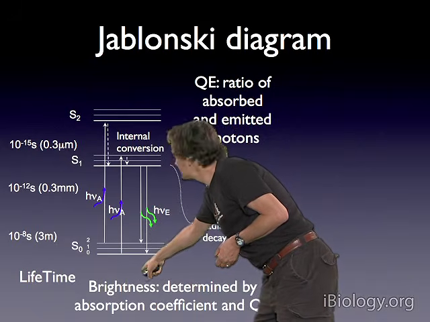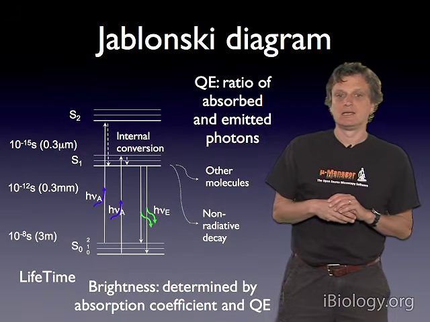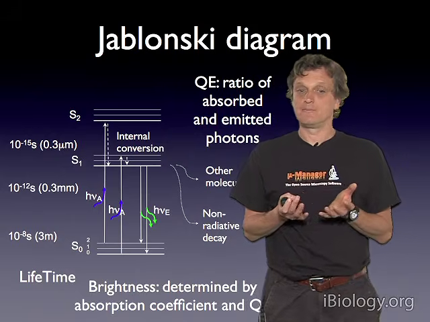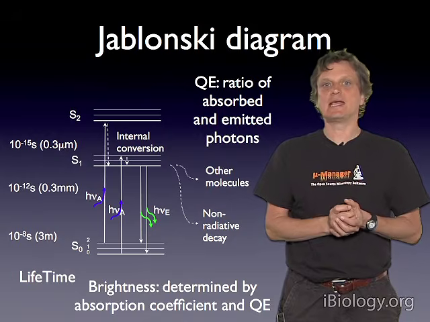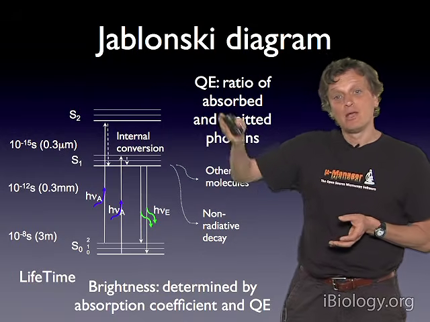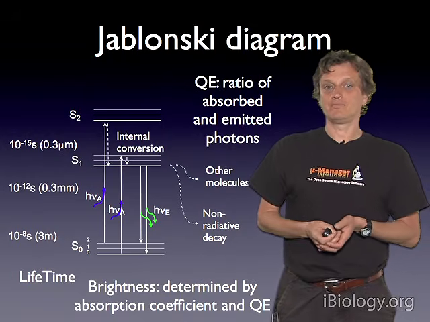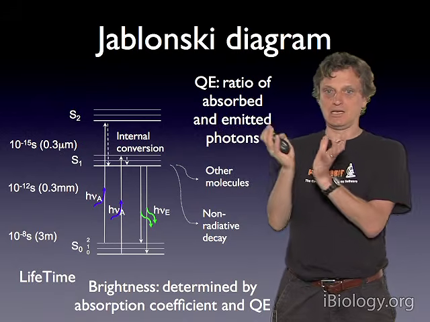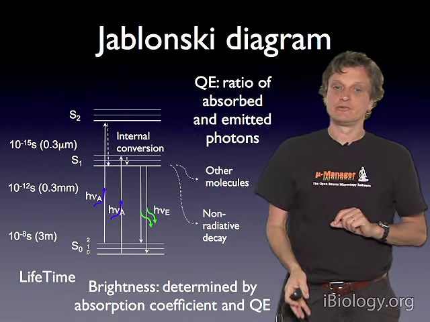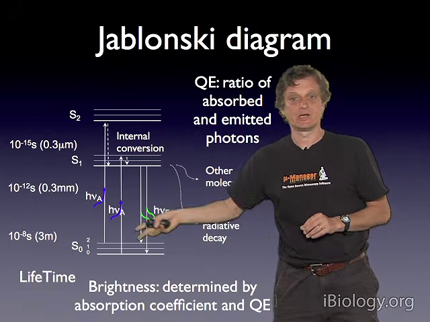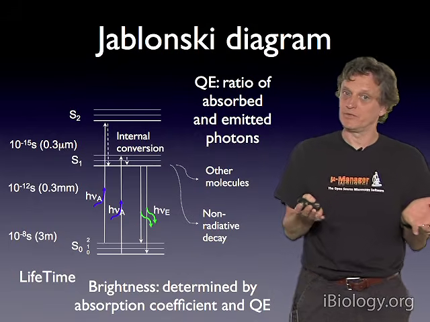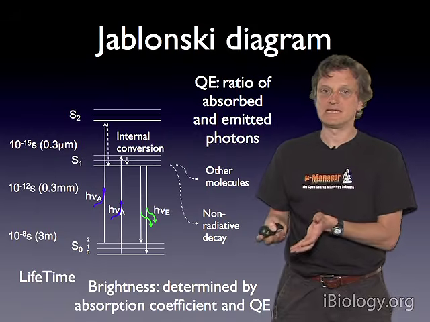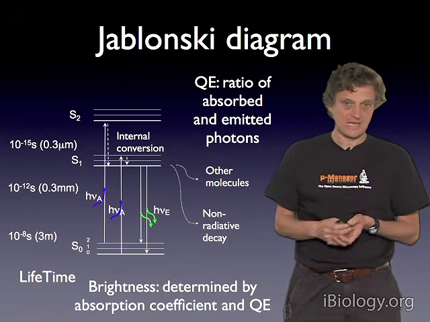The brightness, in the end, is determined by how well a dye absorbs the excitation light and what fraction of the excited state returns to the ground state under emission of fluorescence. So it's determined by both the absorption coefficient and the quantum efficiency.